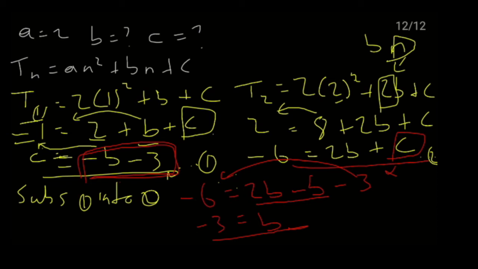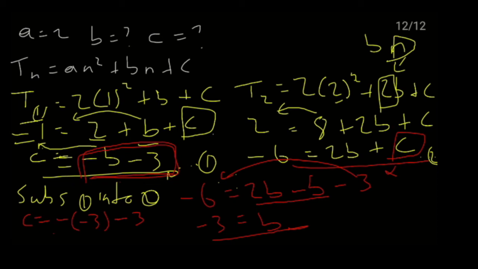So let's substitute the b in equation 1. You will have c equals, whenever you see a b you put negative 3. Remember we still have that negative, so it's going to be negative 3, negative 3 minus 3, right?